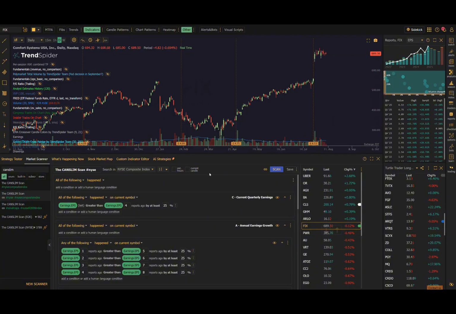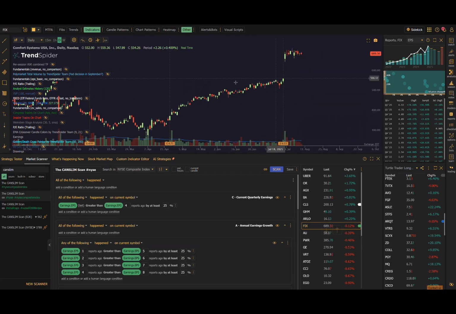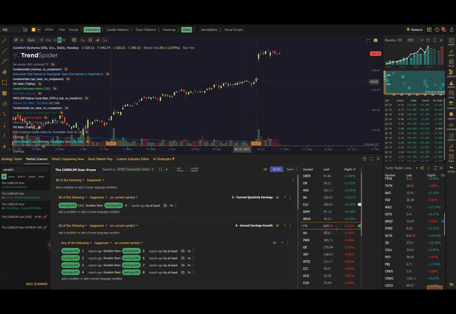So if you have a 5-minute day trading strategy that is pretty reliant on getting alerts right away, definitely check this current candle button. But if you're looking at a breakout strategy using the daily chart and you want only confirmed breakouts, then you can leave this box unchecked and that'll show you results from the previous candle.